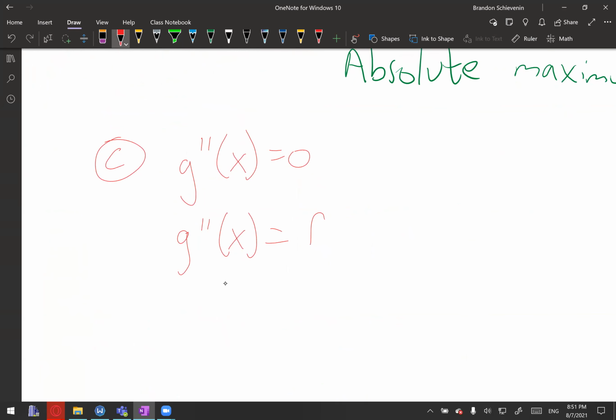So g prime prime x is f prime x. So if f prime x is 0, then g prime prime x is 0. So I'm going to look at the graph. We need to find the points where the slope of our original graph is equal to 0.